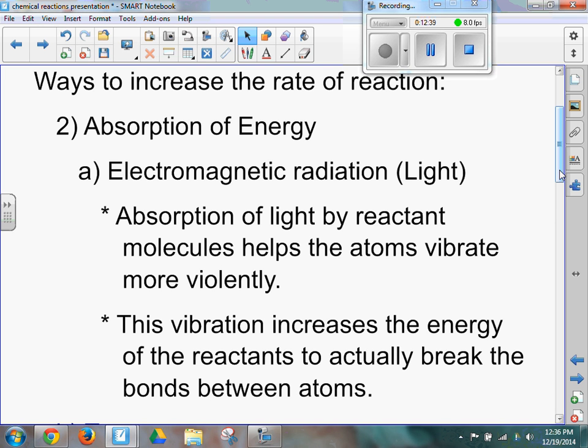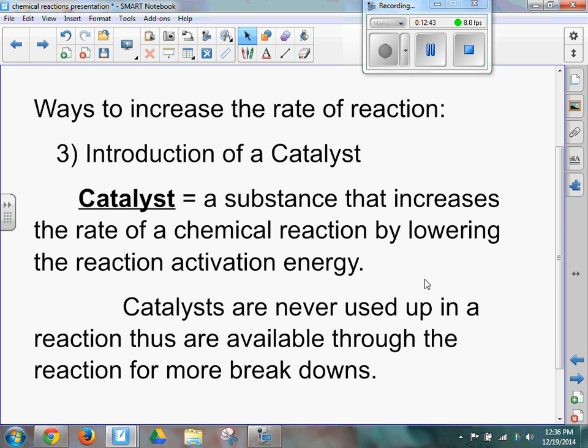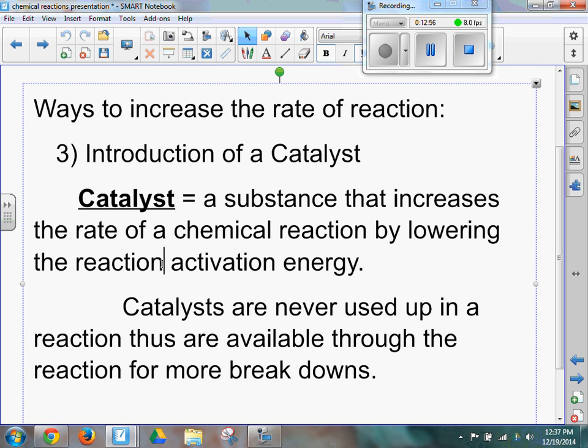Okay, so what can I do? Well, the third way that we can increase the rate of reaction is to, of course, introduce a catalyst. A catalyst is a substance that increases the rate of chemical reaction by lowering the reaction's activation energy. Okay, so we're putting an S in there also.